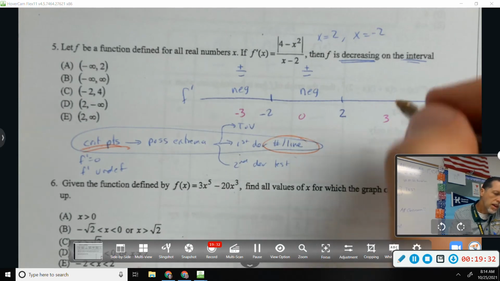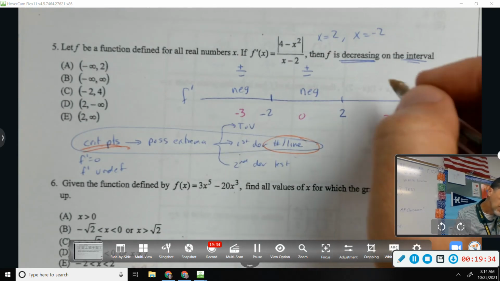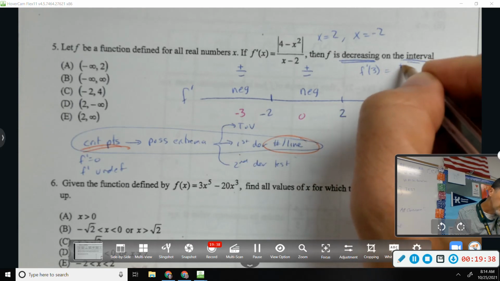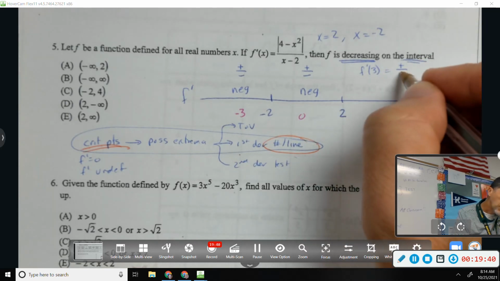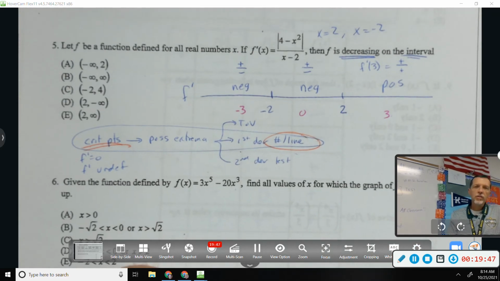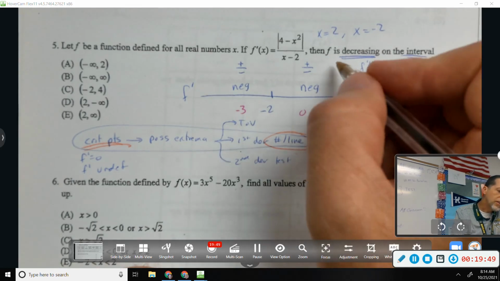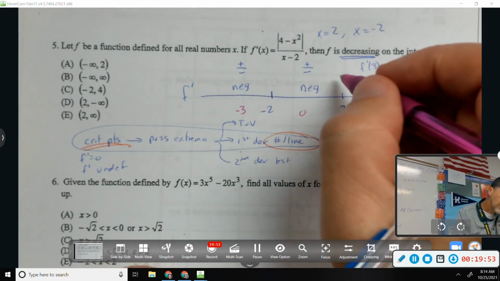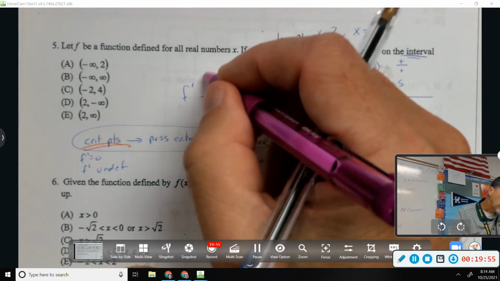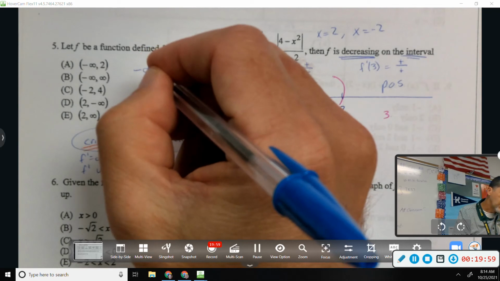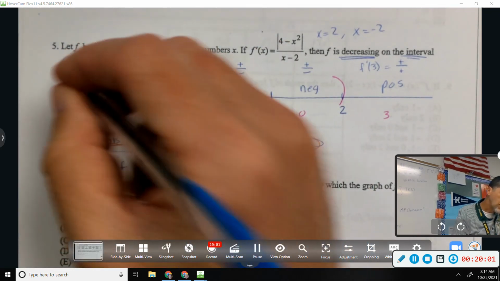And if I plug in 3, I get positive in the top over positive in the bottom. So positive. Let's make sure we answer the question right here. So f is decreasing when f prime is negative. So that would be from negative infinity up to 2. Which should be A.